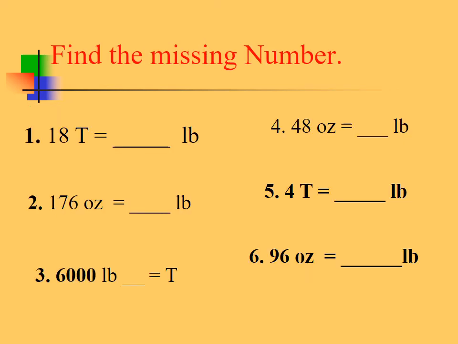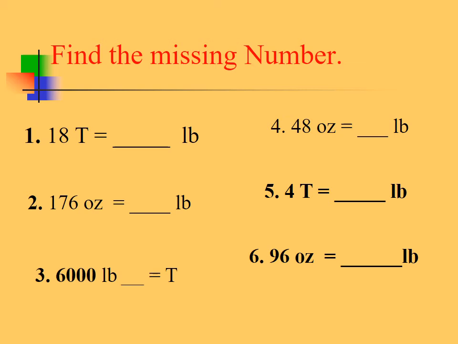Now let's find the missing numbers. Now, see if we can do it on our own. Number one, 18 tons equals blank pounds. So the question is, are we going from larger to smaller or smaller to larger? When we go from larger to smaller, we multiply. When we go from smaller to larger, we divide.